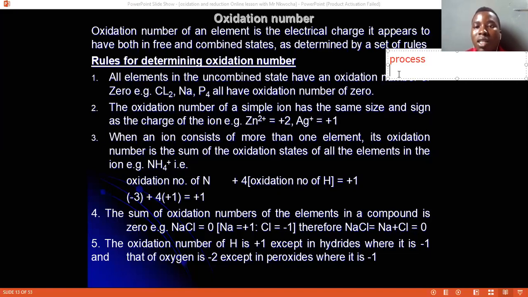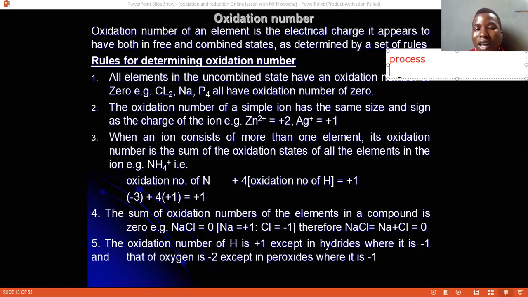When it loses an electron, the number of electrons will decrease, so it becomes more positively charged, because in every neutral atom the electrons and the protons are equal, so they cancel out. When the electrons are more, it becomes negatively charged. When there is a loss of electron, the protons are now more, so it becomes positively charged. That's very, very important.